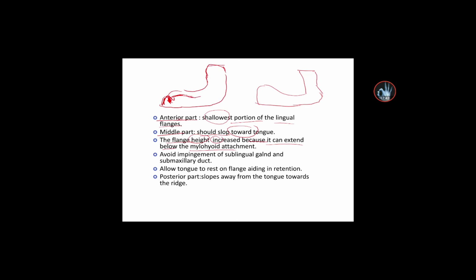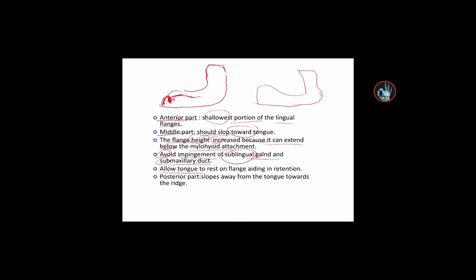Okay, because now we don't have something to limit us. And then avoid the impingement of the sublingual glands and submaxillary ducts. Impingement means إنه ممنوع إنك تصدم أو تضغط على هذه الأماكن، على الغدة اللي تحت اللسان والسبماxillary ducts. نحاول إنه avoid it، نجتنبها أو نتجنبها.